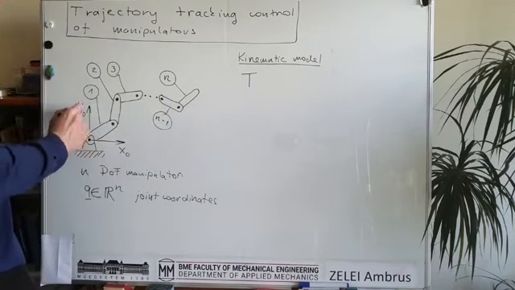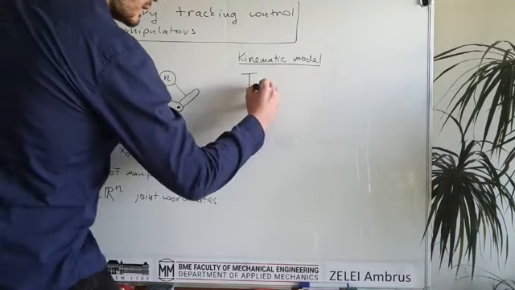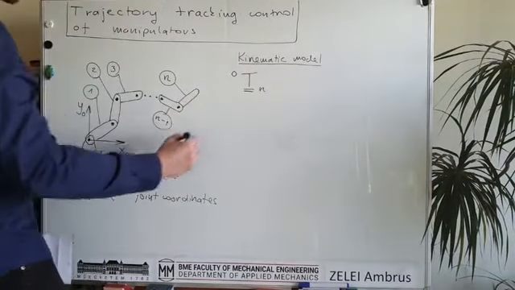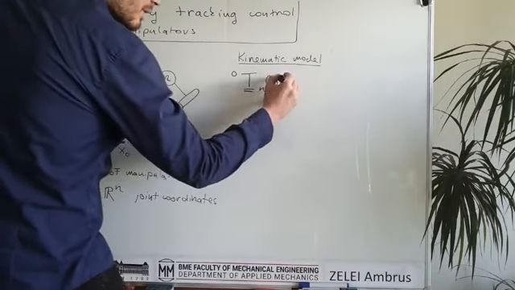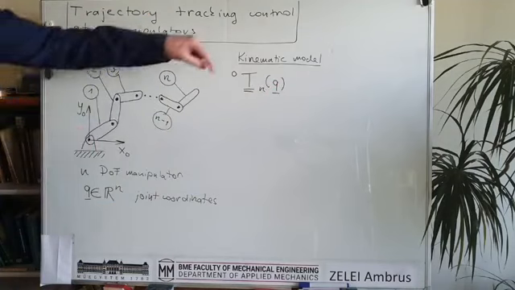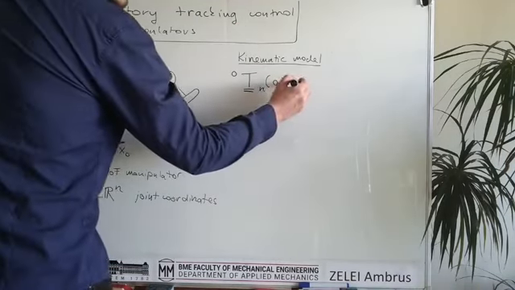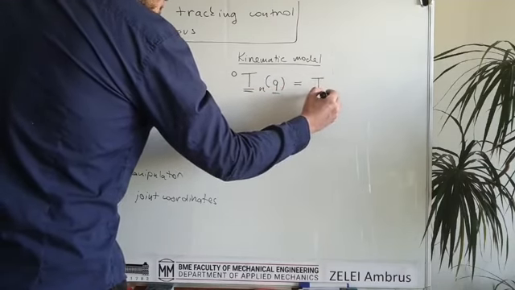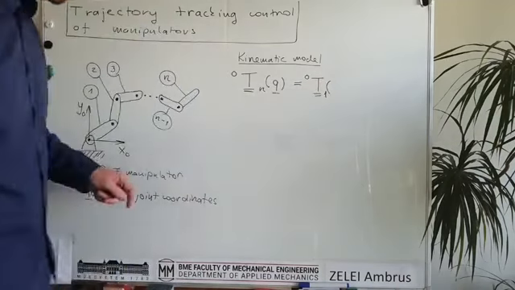So everything has to be calculated in this global system, and for this we can create this so-called homogeneous transformation matrix, which, just as a reminder, depends on every joint coordinate, okay?